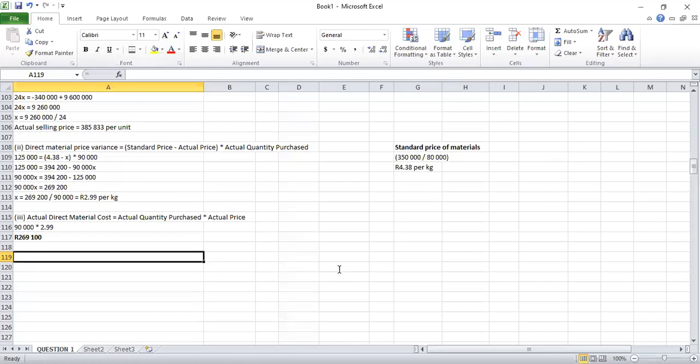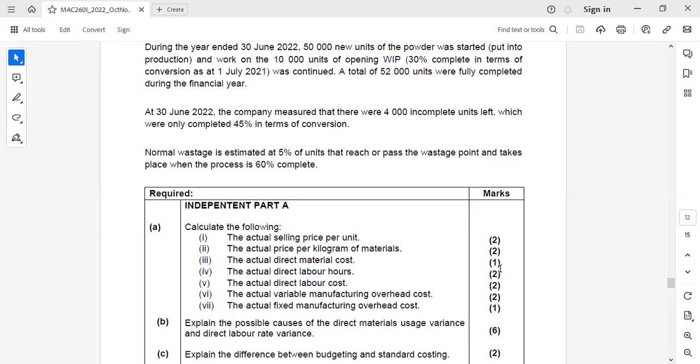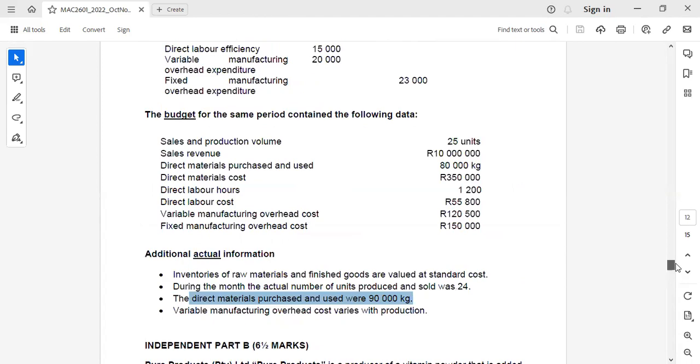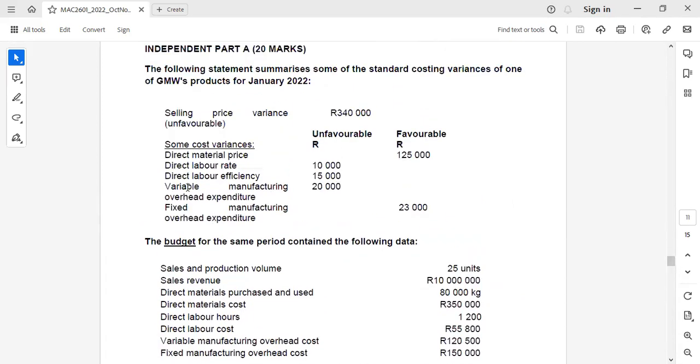Then we have got the actual direct labor hours. If we've got actual direct labor hours, then we have to look for scenarios where we have got the direct labor hours, maybe like the direct labor efficiency variance. We are given here the direct labor efficiency variance is 15,000 unfavorable.